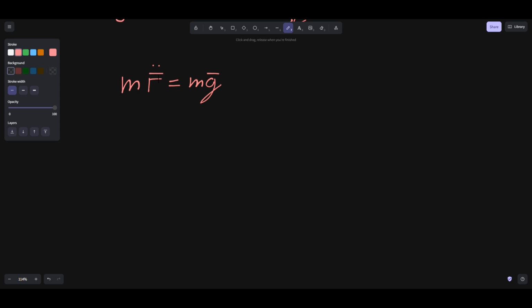This is the time derivative. So in this case, this is the same as writing the following. This is just the second derivative of r.